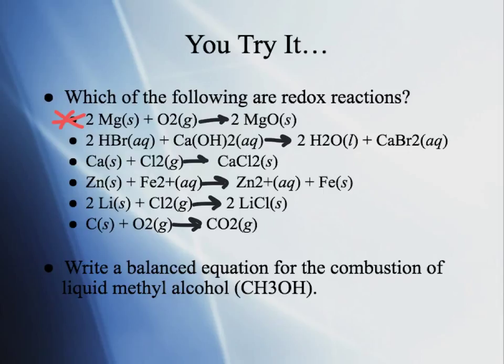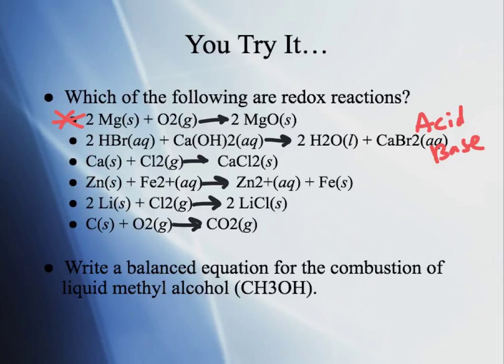It is not a pure metal with a pure nonmetal, and we can't see any charges being reduced. In fact, it's HBr and Ca(OH)2, so this is actually an acid-base reaction.